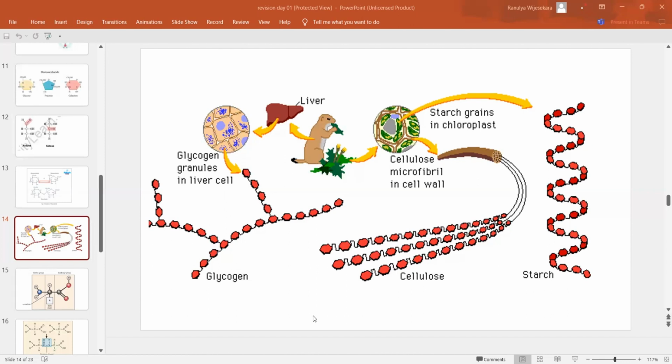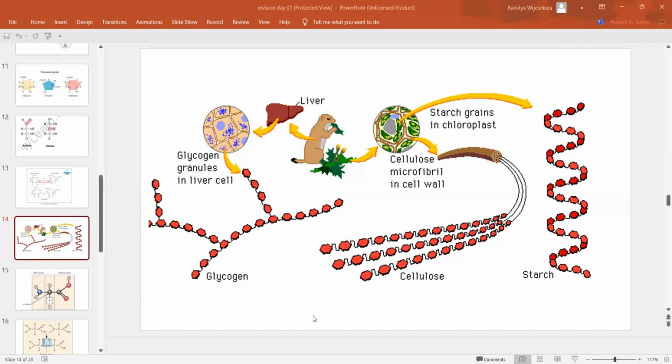Next point, deoxyribose is a constituent of DNA. Next point, ribulose is a component of the carbon dioxide acceptor in photosynthesis. Within the brackets, you can write RuBP.